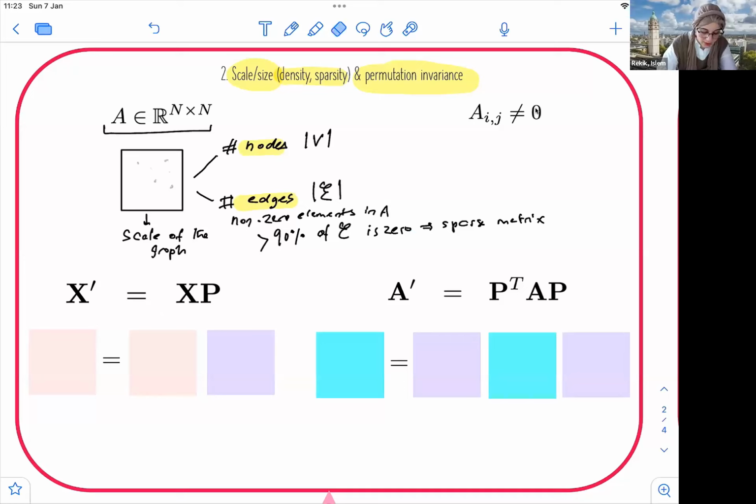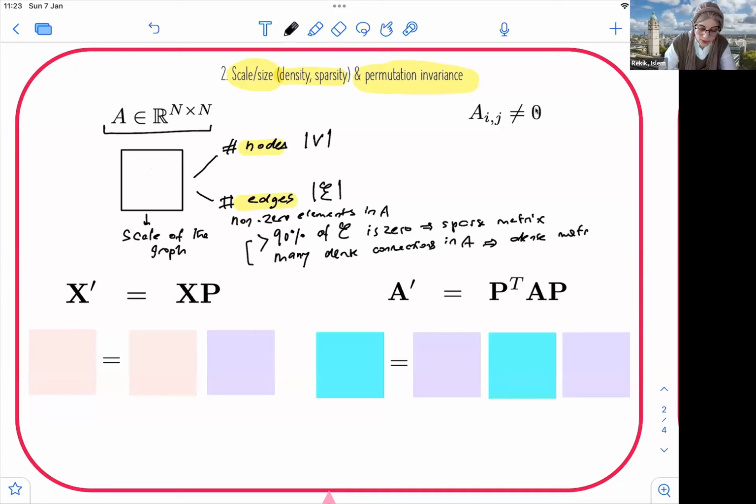That's what it means. On the other hand, when we have loads of connections, many dense connections in A, it means that our matrix is dense.